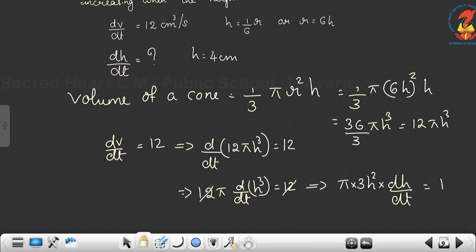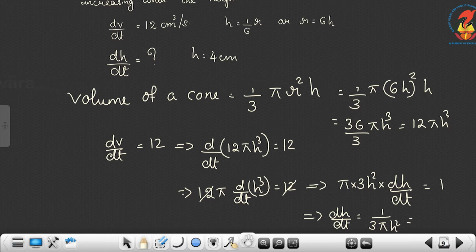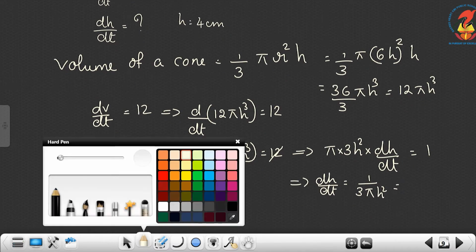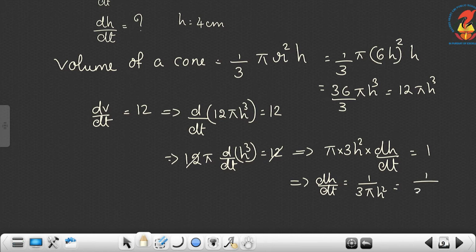So what is dh by dt? It is 1 by 3 pi h square. What is h square? 16. So that is equal to 1 by 3 pi into 4 square, so 1 by 48 pi. Then what is the unit? dh by dt is in centimeter, so centimeter per second.